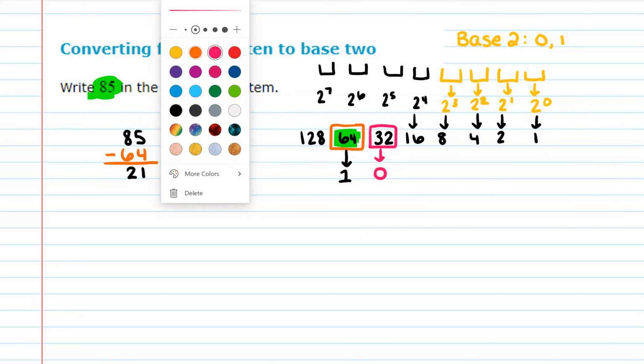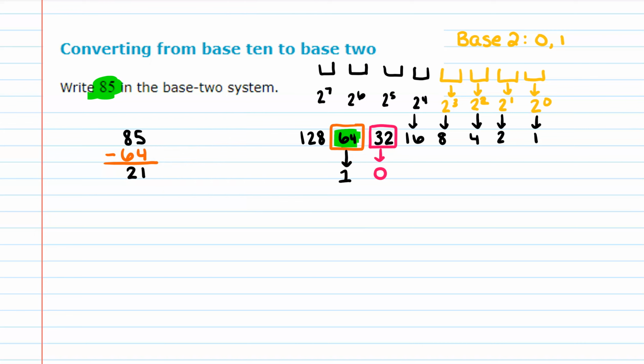Now let's do 16s. So can I subtract a 16? I sure can, because 16 is lower. So there's 5 left. So I could subtract 16 one time. Now let's try to subtract 8.